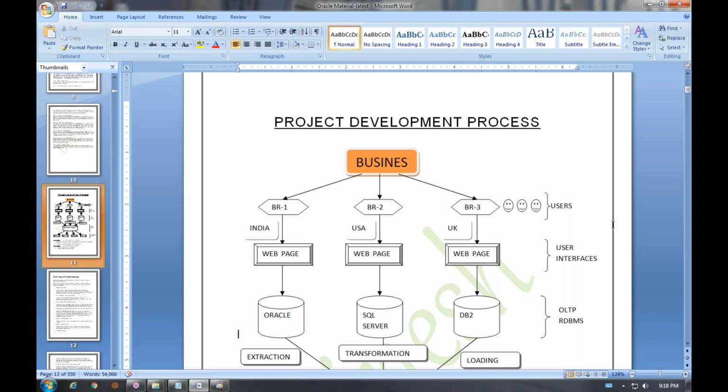From the very beginning day, if you maintain data at one place, after 15 or 16 years the data is very huge in the backend databases.